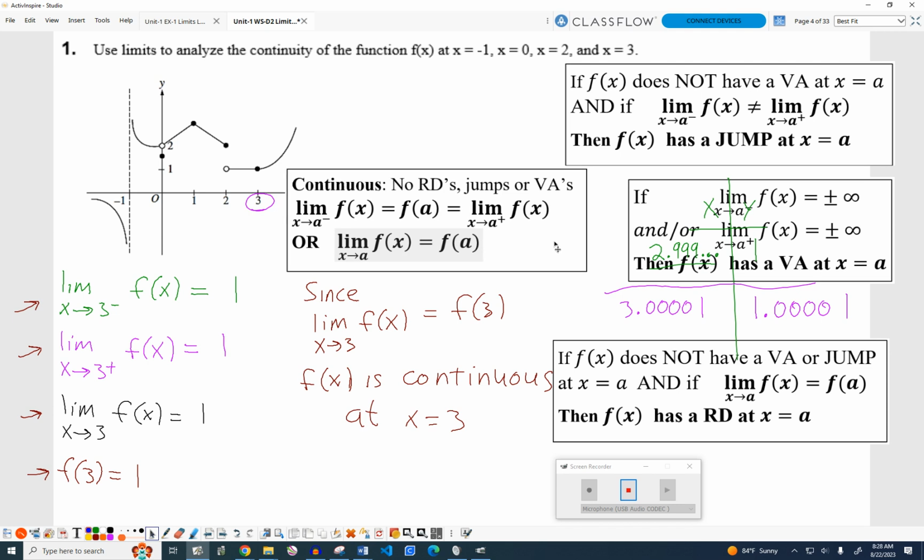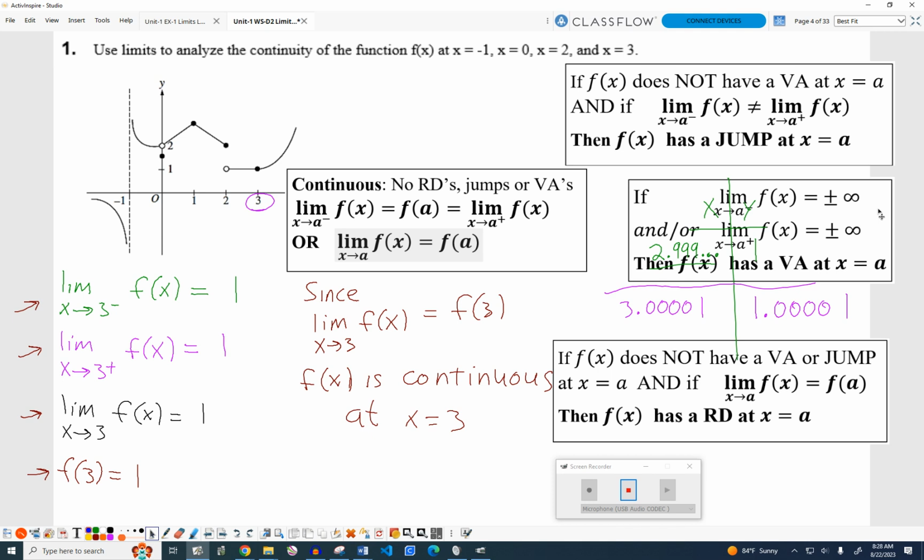Did that help a little bit more? Yeah. And also, is it continuous if it's a vertical asymptote, but they're both infinitely going up? Here's what would happen if we had a vertical asymptote like this, like both sides are going up. The left and right limits would both equal positive infinity.